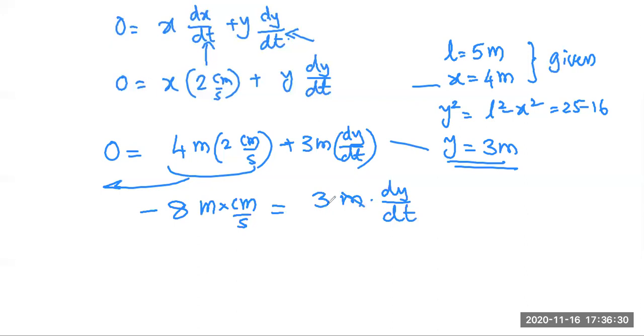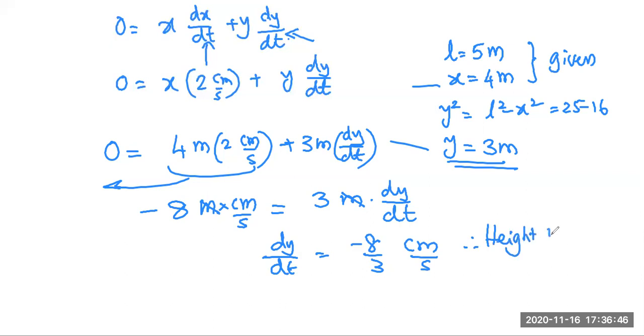First thing, cancel this meter with this meter. So you will have dy by dt equal to minus 8 by 3 centimeters per second. Therefore, the height is decreasing at 8 by 3 centimeters per second. When we say decreasing, we don't need to put the minus sign.